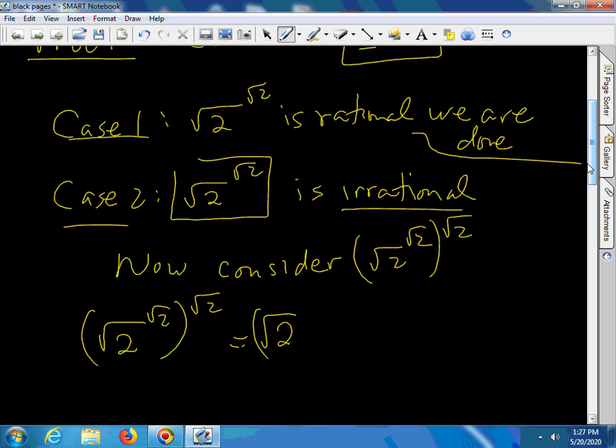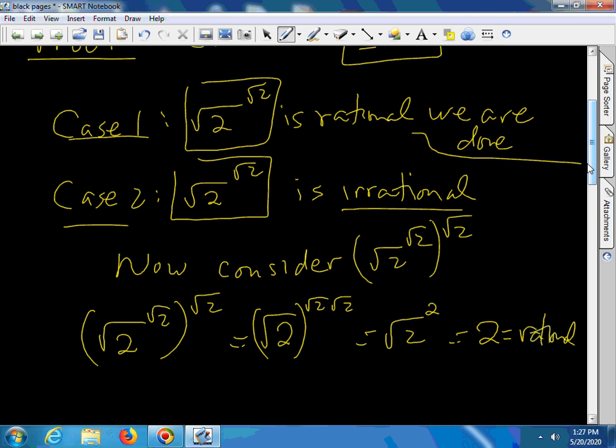This is square root of 2 raised to the square root of 2 times the square root of 2, and square root of 2 times square root of 2 is 2, and the square root of 2 squared equals 2, which is rational.